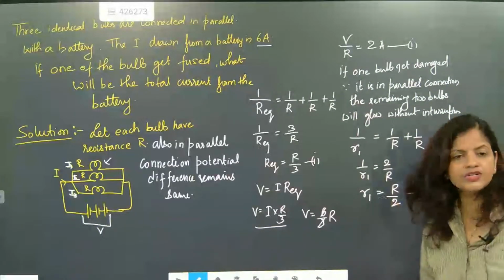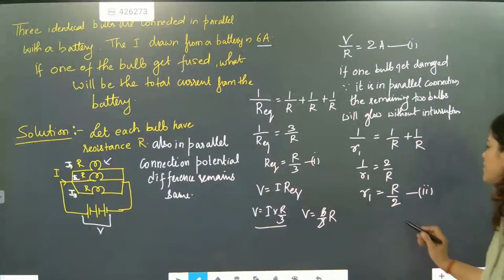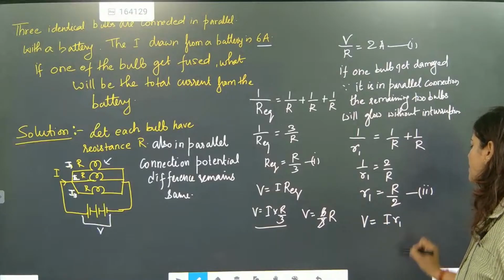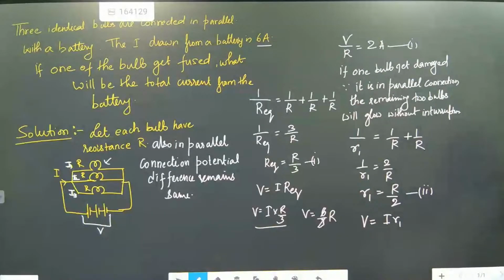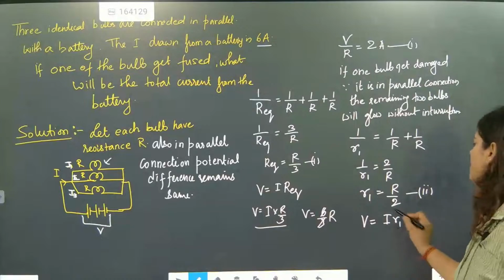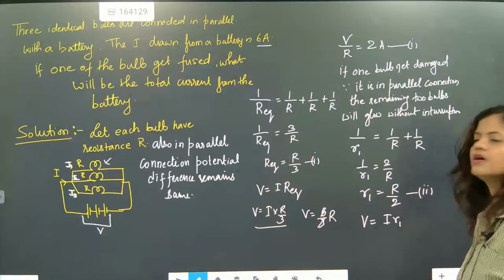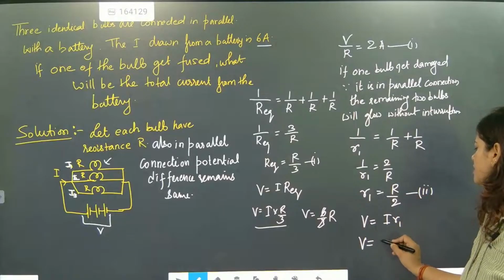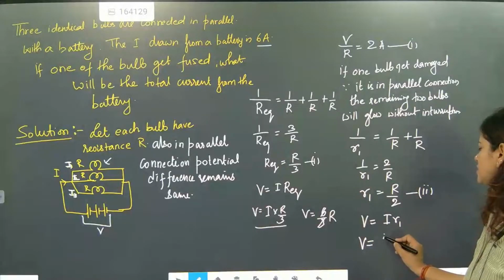Now beta, what is the potential difference? The potential difference in that case will be V is equal to IR1. Correct? V is equal to IR1. Now beta, R1 is R by 2. V, I is how much? 6.